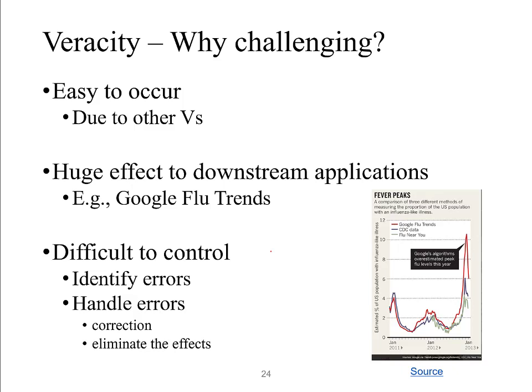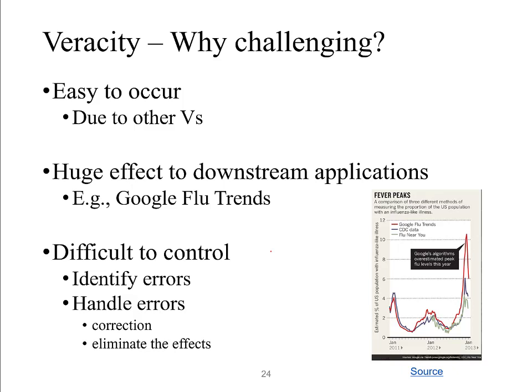Okay, so that is the huge effect to downstream applications brought by veracity. And last but not least, veracity is difficult to control. In order to control the errors, you first need to identify the errors, then you try to handle them. But when you try to identify the errors, you would find that there is too much data, especially for real-time applications.